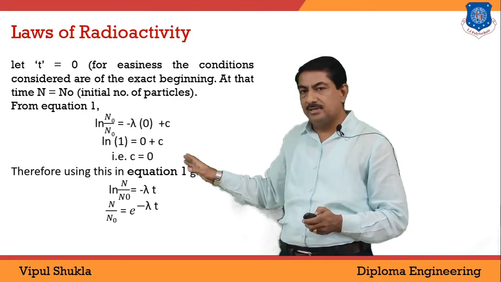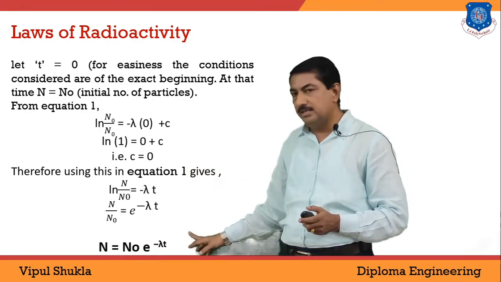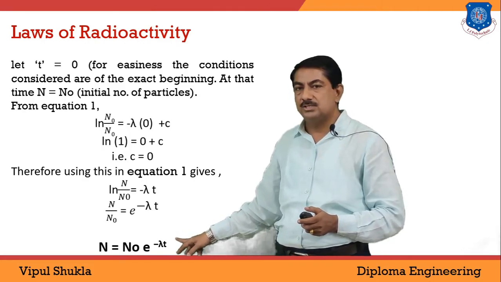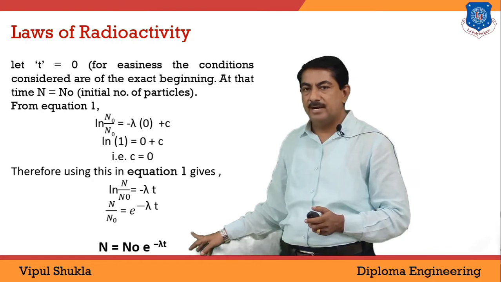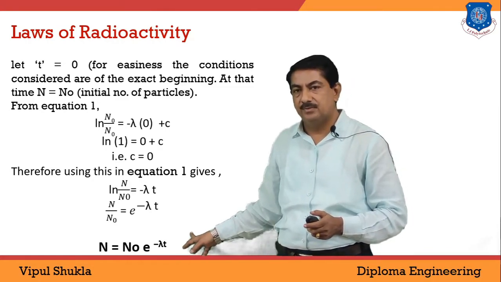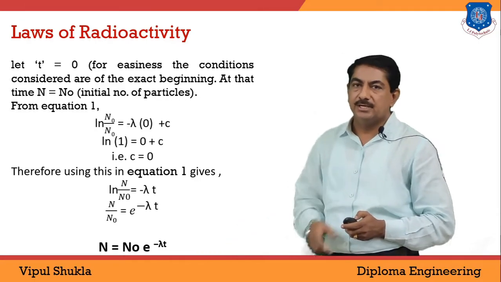Let's make capital N the subject of the formula. The final equation is N equal to N0 e raised to minus lambda t, where lambda is the decay constant. This equation is known as the decay law, the exponential decay law.